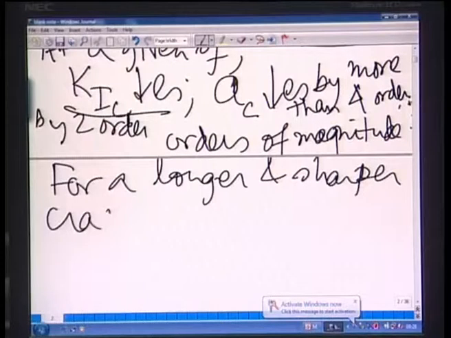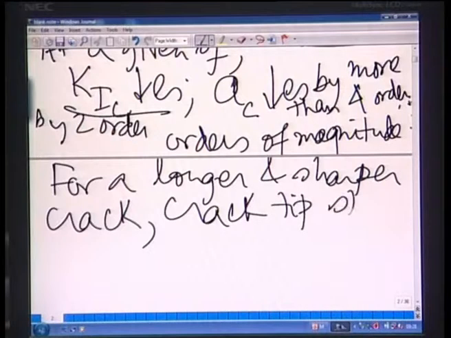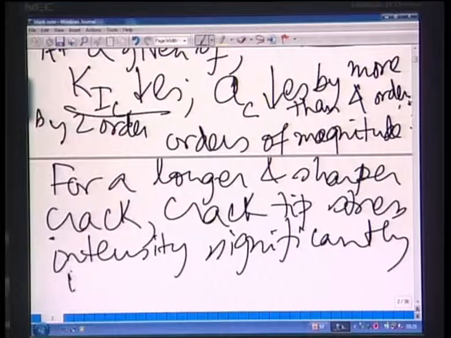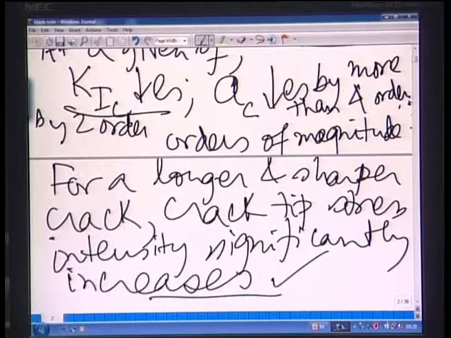For longer and sharper cracks, the crack tip stress intensity significantly increases. So whenever the cracks are longer and sharper, that essentially indicates that your crack tip stress intensity also significantly increases. This is an important thing you have to remember all the time when dealing with ceramic based materials.